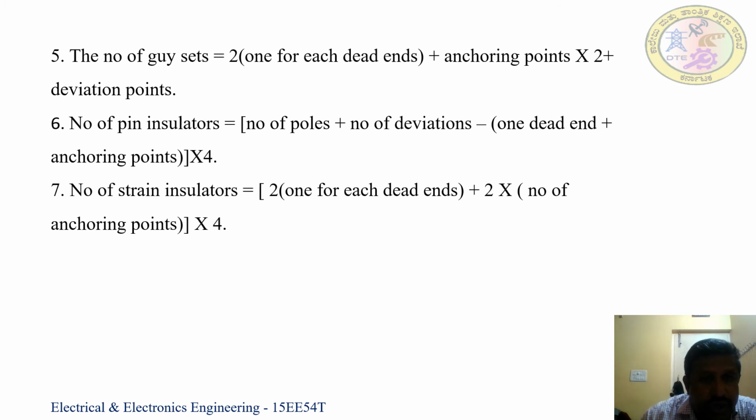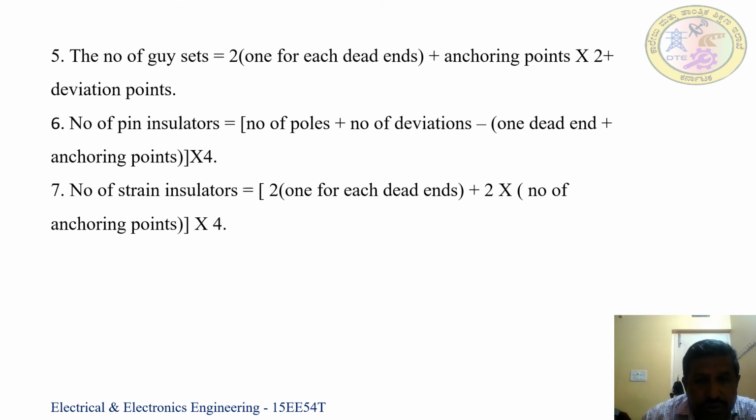Next, fifth item is number of guy sets, that is equal to 1 for each dead end, plus number of anchoring points into 2 plus 1 into number of deviation points. Next, sixth item is number of pin insulators.